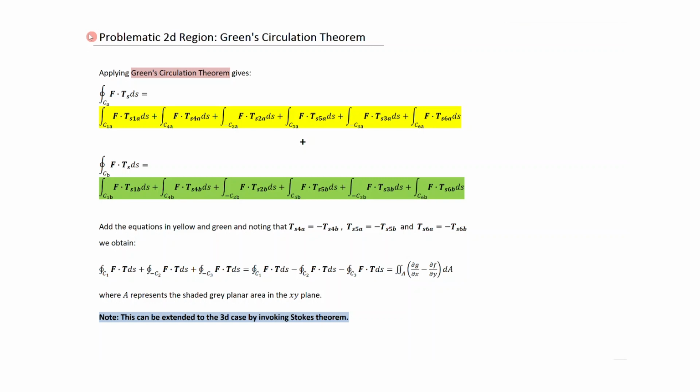All right, so now let's consider how we deal with the problematic 2D region when we're applying the Green circulation theorem. We have 2 different contours from the previous slide. We have the closed contour CA, but it's comprised of 6 individual segments, shown here, C1A through C6A.